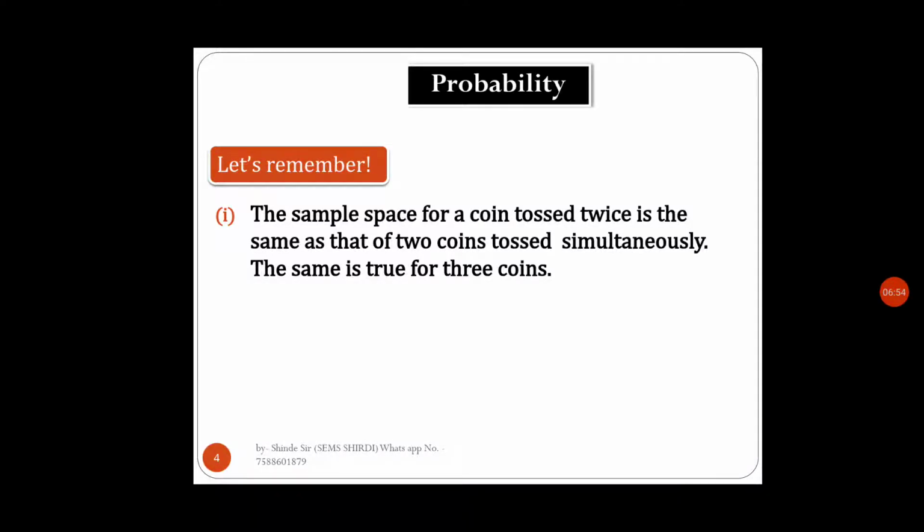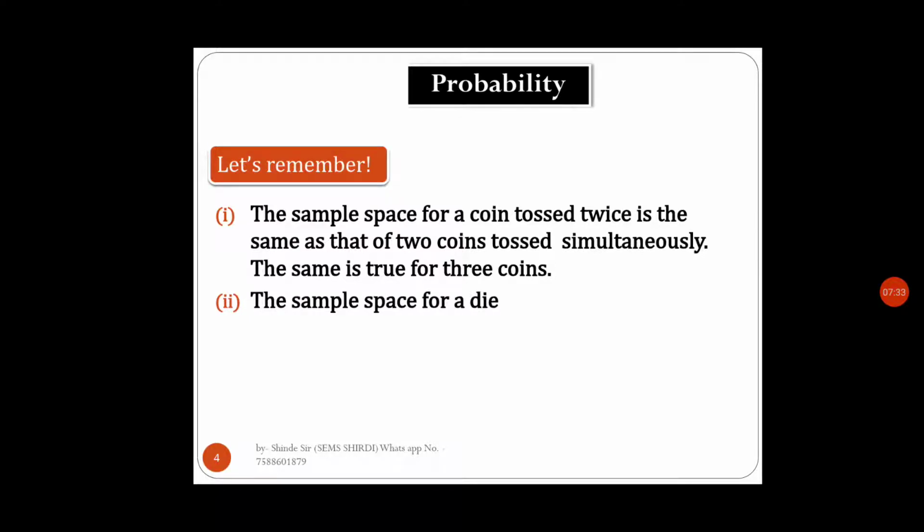If the random experiment is to toss 2 coins, then n(S) is equal to 4, and if we toss simultaneously, then it is the same outcomes. There are 4 outcomes. In case of 3 coins, how many outcomes? 8, and if we toss one coin 3 times or toss 3 coins simultaneously, then the outcomes are the same.